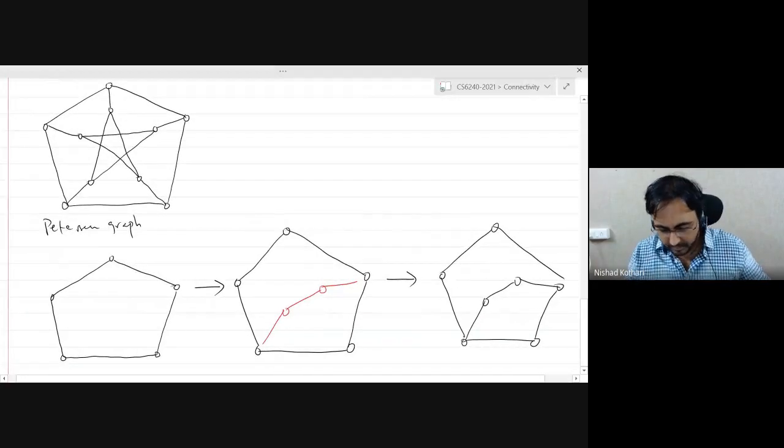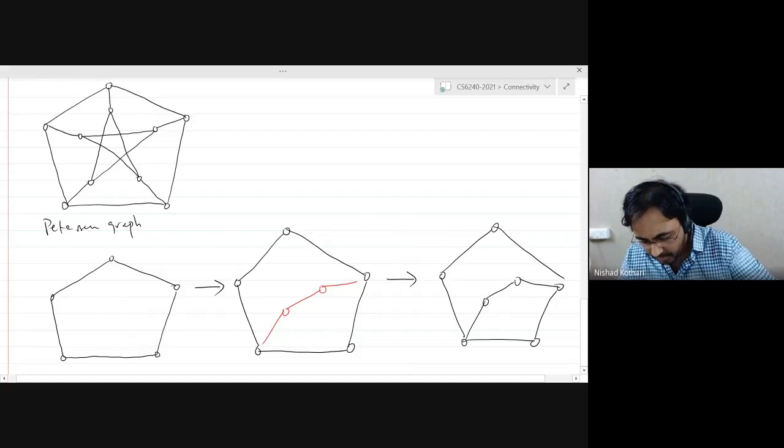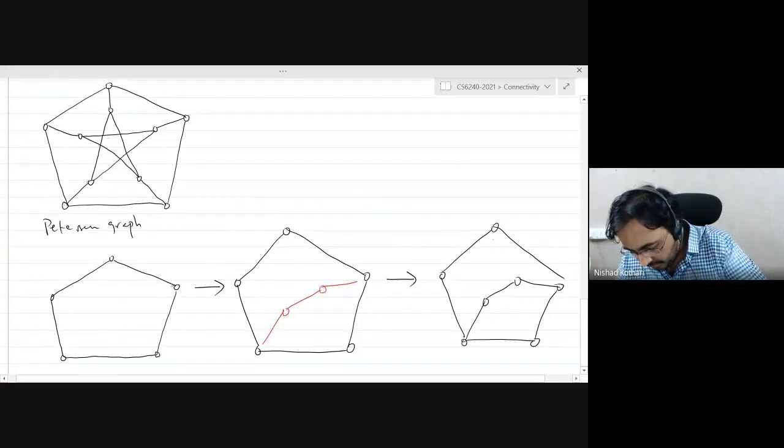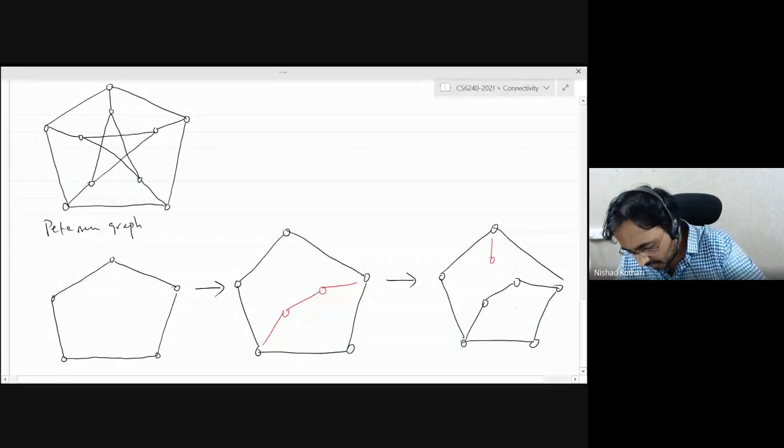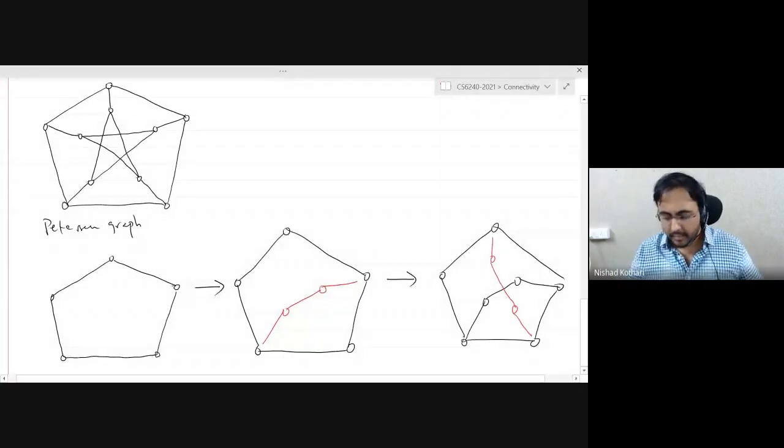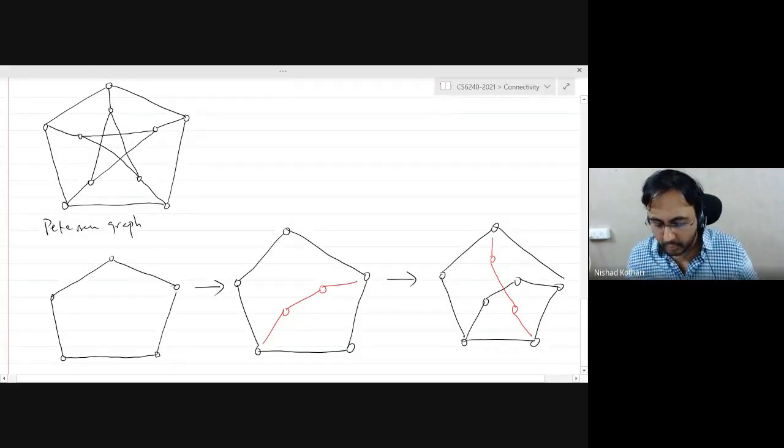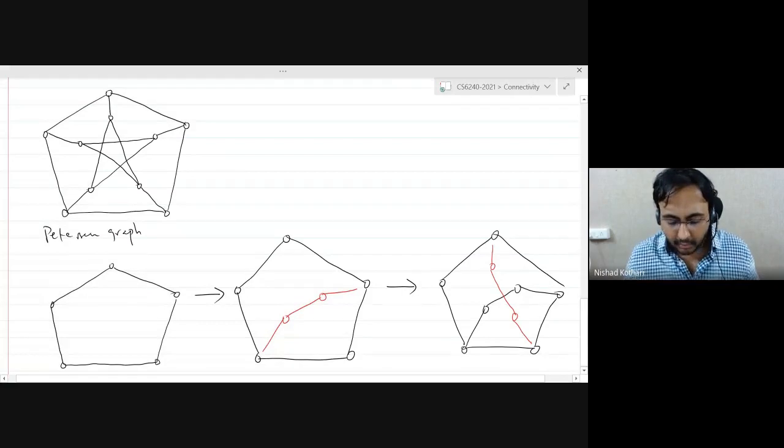Okay, so what could I do? Well, maybe I'm going to add something here. Okay, so this is my new ear. Both of these graphs are also non-separable. We will prove that. Okay, now let's add something else.